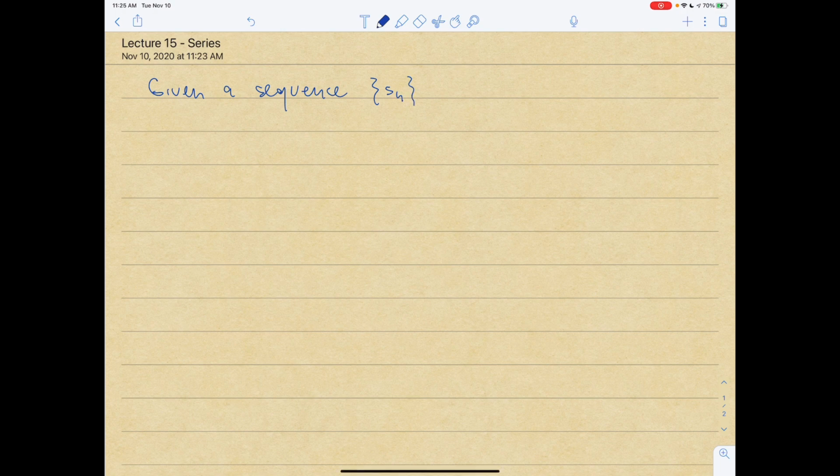A series associated with Sn is defined in the following way.